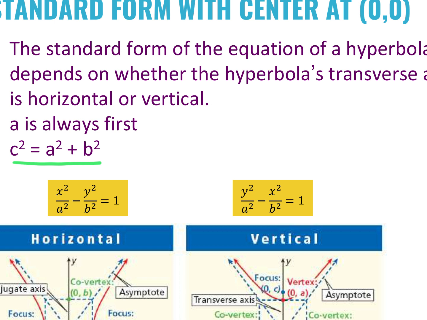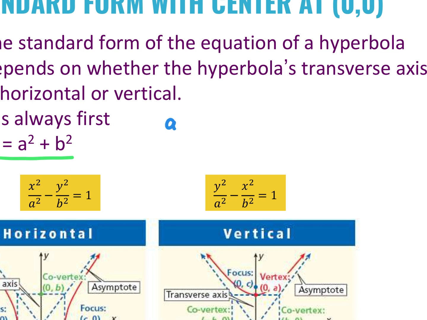In the addition one, in our ellipse, whichever one A squared was under determined which way your ellipse went, correct? In this case, A squared is always the first value. So write that down. A squared is always first.